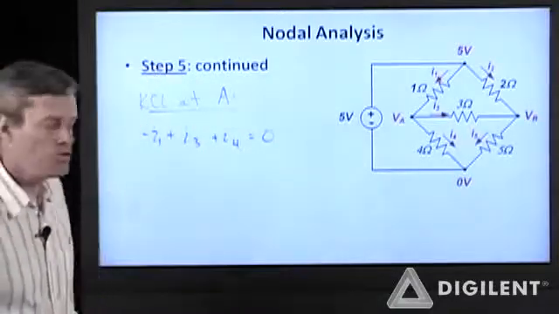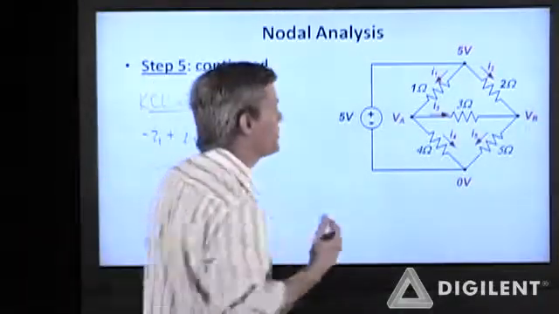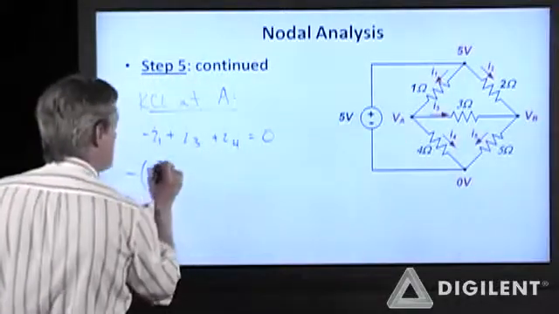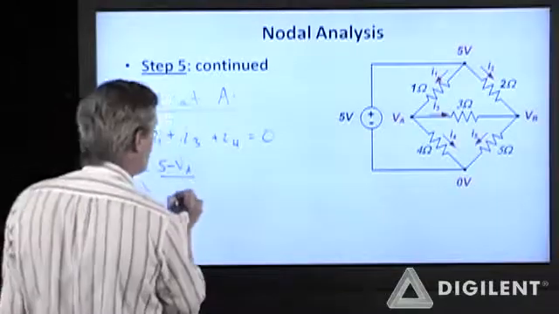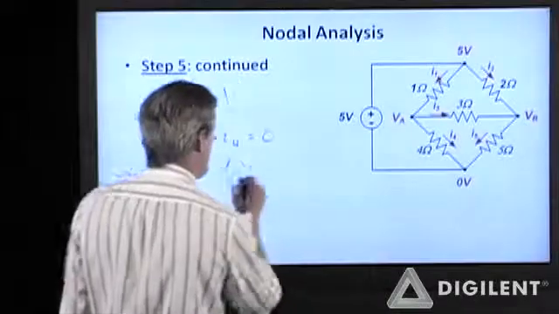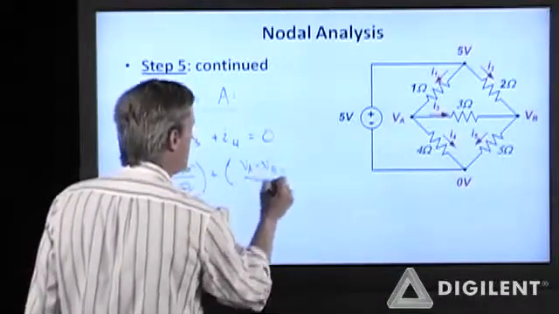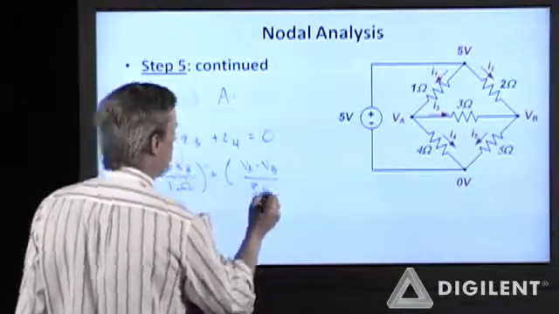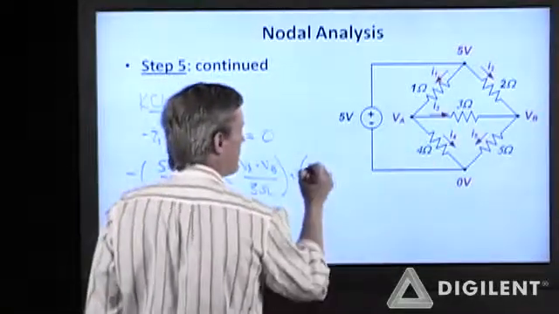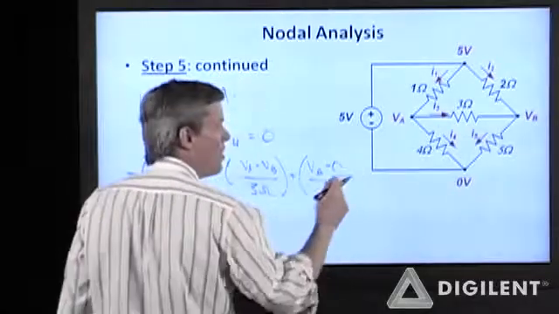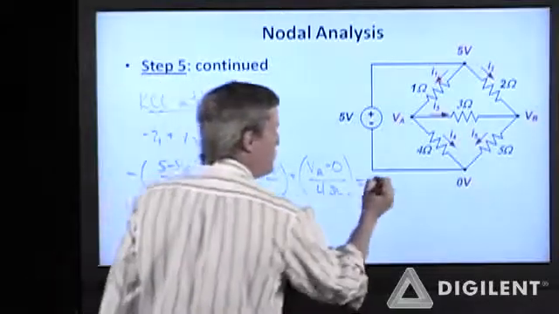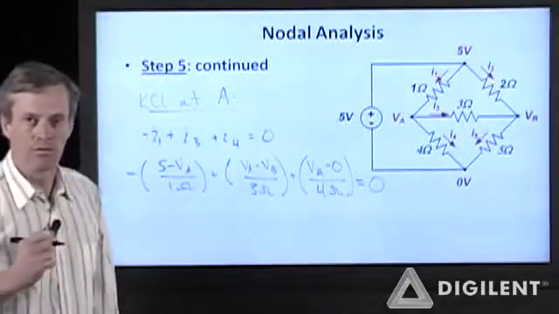If I substitute my previous expressions using Ohm's law, I get negative 5 minus VA over 1 ohm plus VA minus VB over 3 ohms, which is I3, plus VA minus 0 over 4 ohms, which is I4.